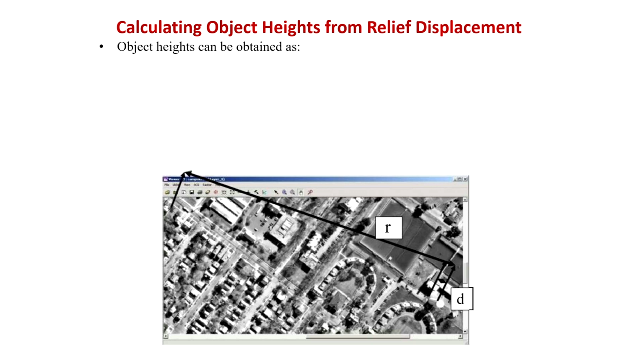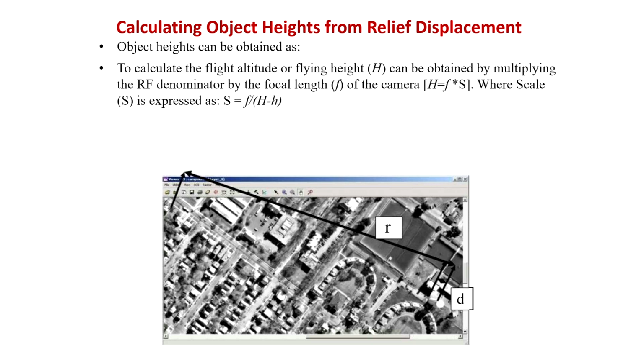So object height can be obtained as you calculate the flight altitude or flight height H. You can obtain it by multiplying by the representative fraction, which you can have from the topo maps, that is the scale, based on what portion of the map is represented on the ground or the photograph.